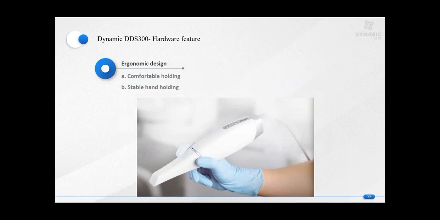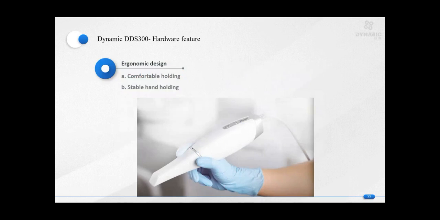It continues the doctor's pen-holding operation habits, so that the operator can adapt to this new equipment more quickly. The round design of the DDS300 also allows the operator's hand and the device to fit naturally. It also allows the operator to maintain a more stable and comfortable gesture during use.